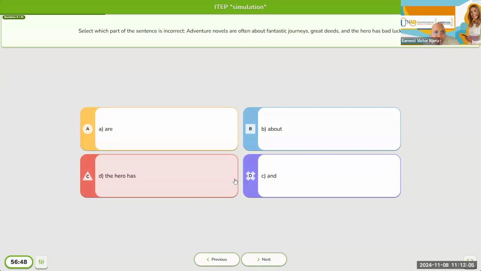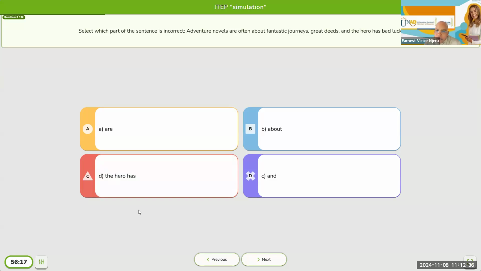Next, select which part of the sentence is incorrect. Adventure novels are often about fantastic journeys, great deeds, and the hero has bad luck. Tell me, teachers, I'm not going to say the right answer. C, and the hero?